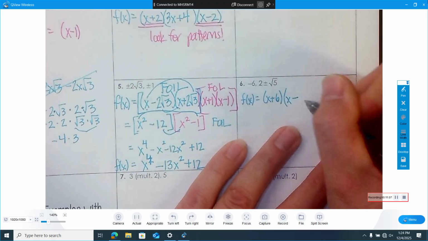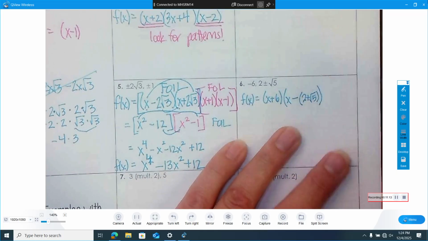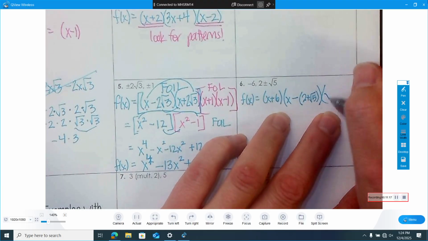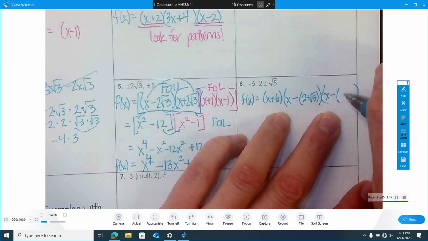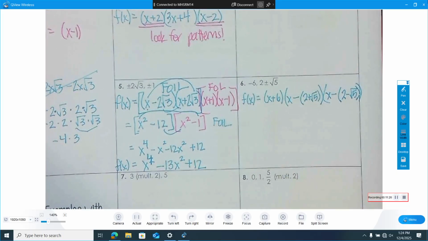X minus the whole 2 plus radical 5. Are you with me? All right. And then what's another bubble? Okay. X minus the whole 2 minus radical 5. Okay. Being very careful. We're subtracting the entire thing.